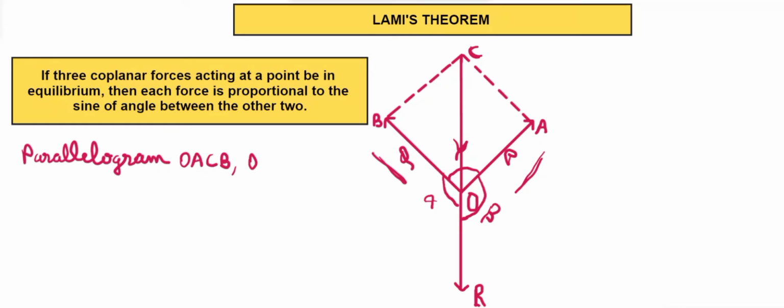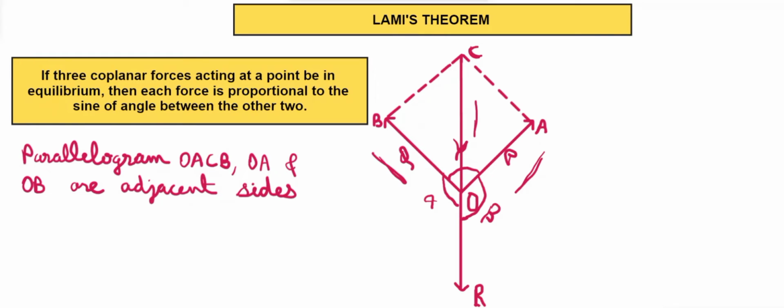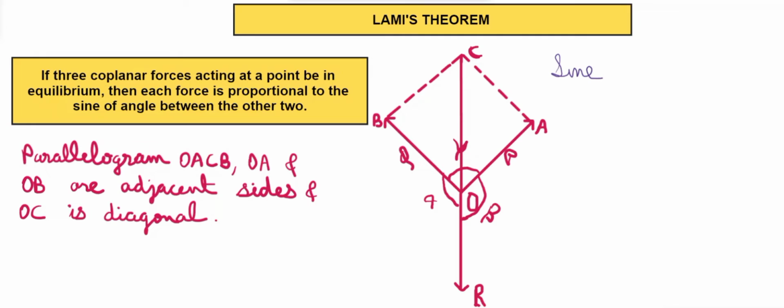Here we'll be using one of the triangles. In the parallelogram OACB, OA and OB are the adjacent sides and OC is the diagonal. We'll use the sine rule for one triangle, which is OAC.